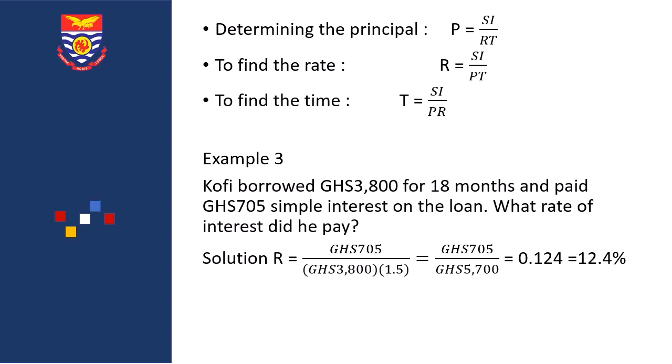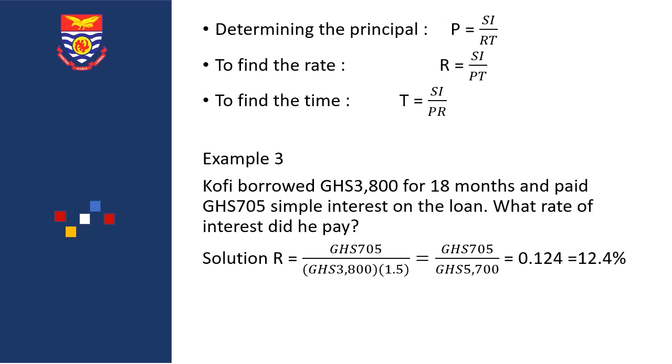So the simple interest given in the question is 705 Ghana cedis. Our principal amount is 3,800, as you can see in the formula, and the time is 18 months. So as we did in our previous slide, you convert the 18 months into years. All right, you multiply by the denominator, then you do your division.